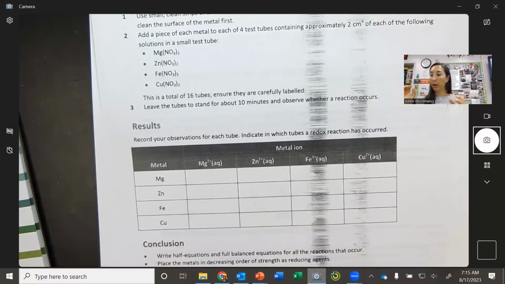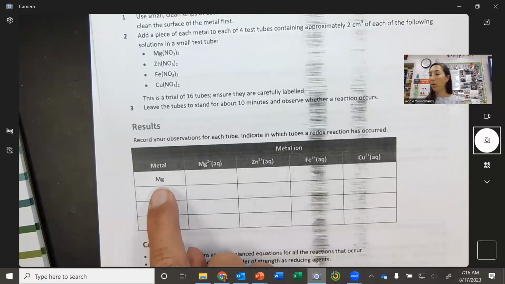When you put them in, the reaction may not be spontaneous. It may take a while. So wait until almost time to go to look at the changes inside your test tube. And you're going to look at everybody's test tube.